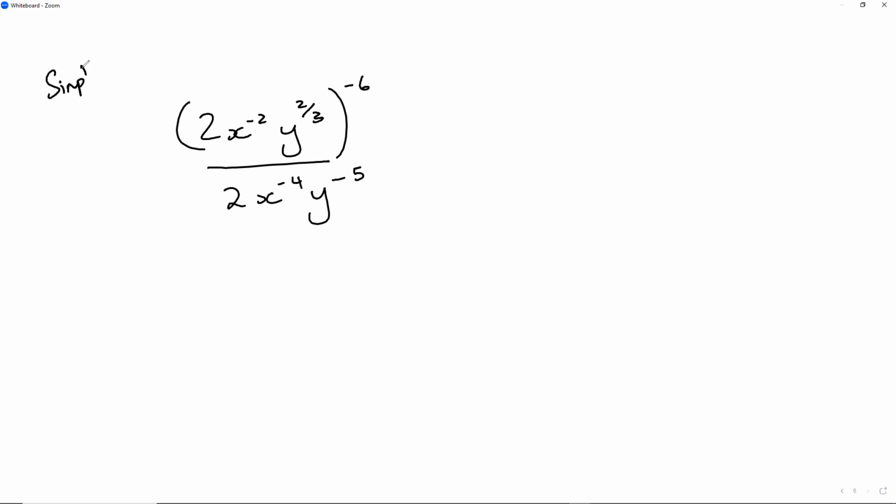Alright, so tricky one. Simplify and leave the answer with positive powers.